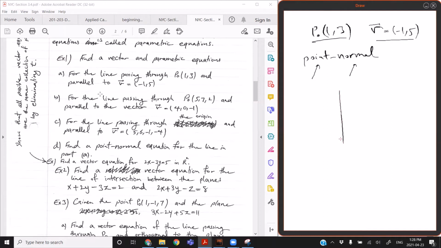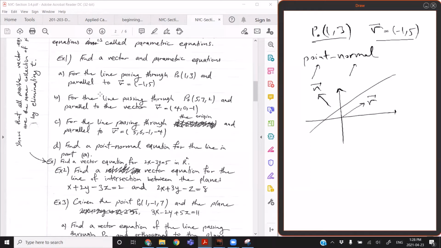So if you are in R2, let's say this is the line and this is the vector given, and you want to find a vector that is orthogonal to the line, then these two vectors, let's say this is V, which is given, and this is N, which we are trying to figure out, are going to be orthogonal, right?